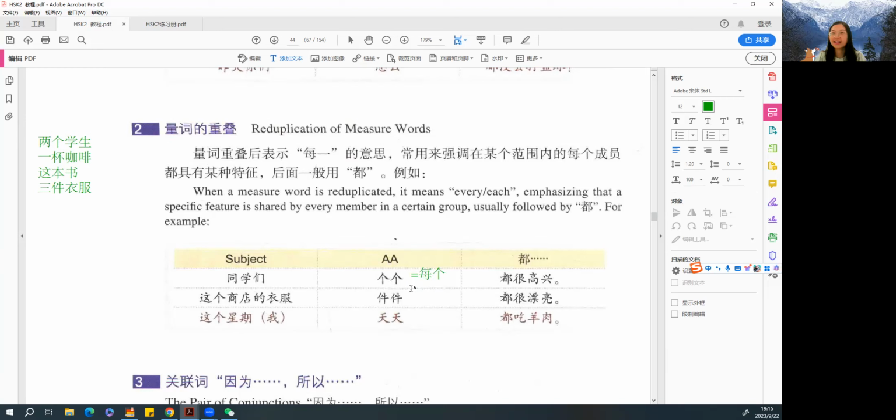They are saying the same expression. Everyone, each one of this bunch of items, people, they are all taking the same actions, feeling the same, and so on. So 都, the pinyin here is 都.